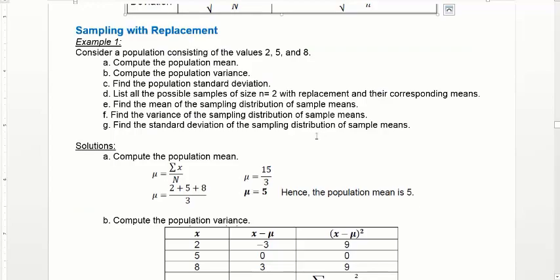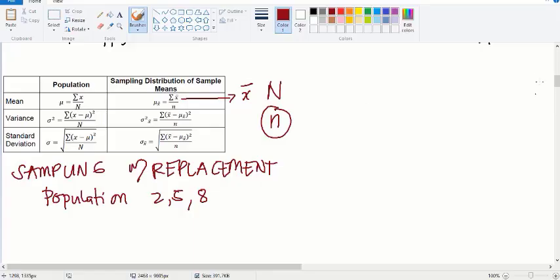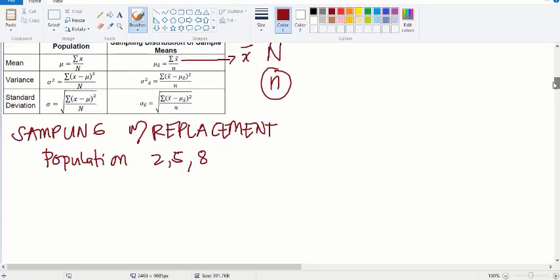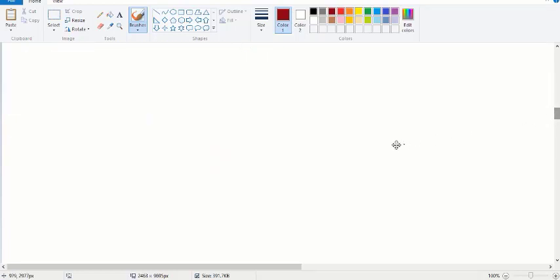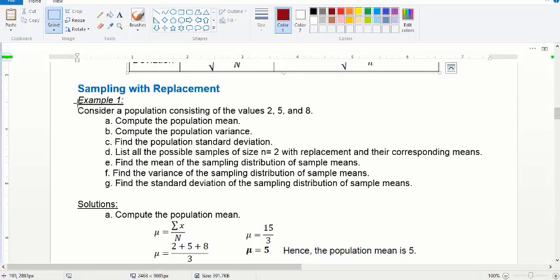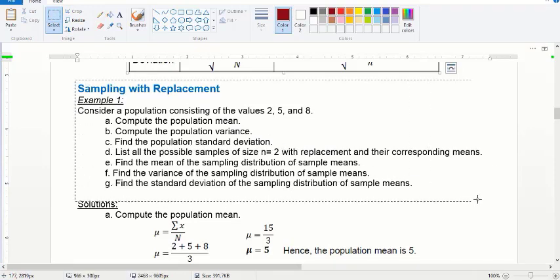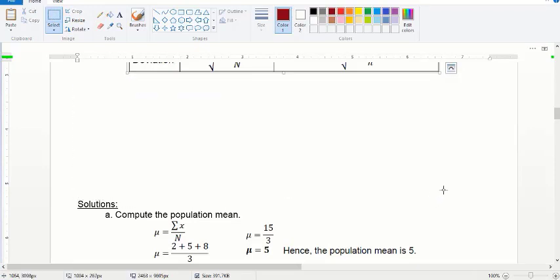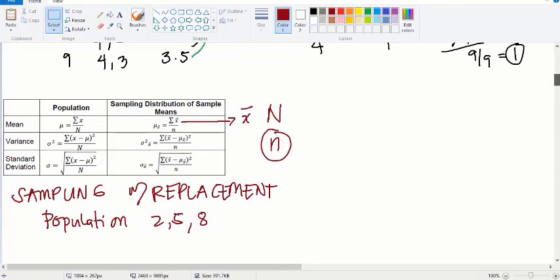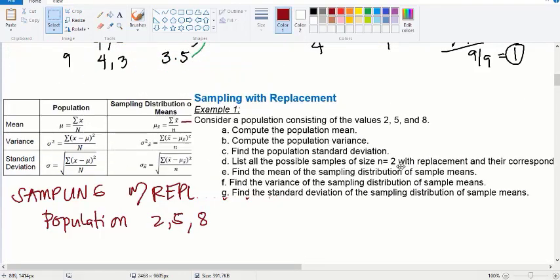Kukunin ko daw ito, print screen. And then, let me go down here. I will just copy this one, ito lang na part, and then paste it here.